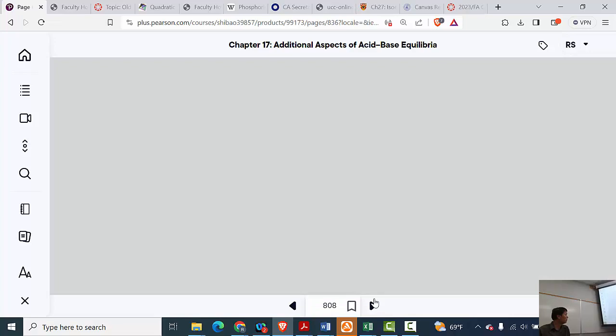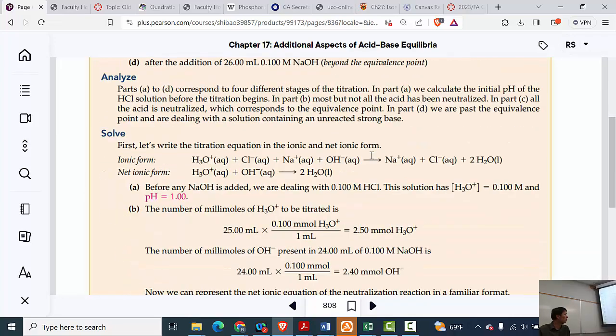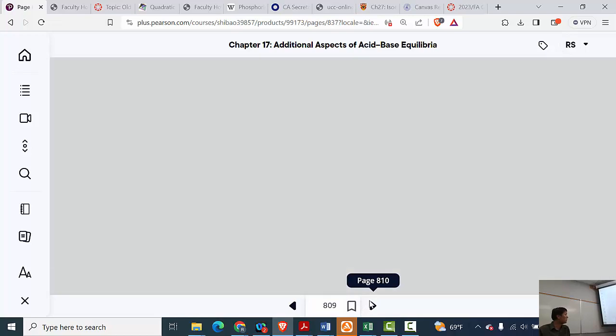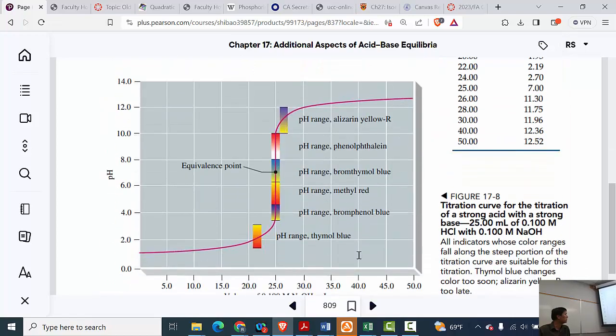So when we have a strong acid and a strong base, these are the types of questions you get asked, usually on multiple choice. If you have a strong acid and strong base, the rise here is big, from about 2 to about 12. From 2 to about 12, that's like 10 pH units.